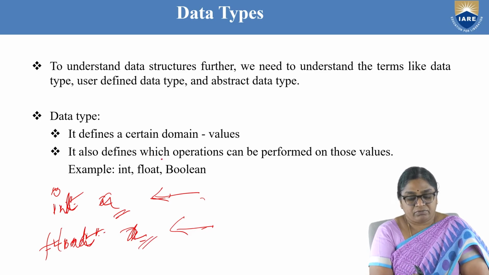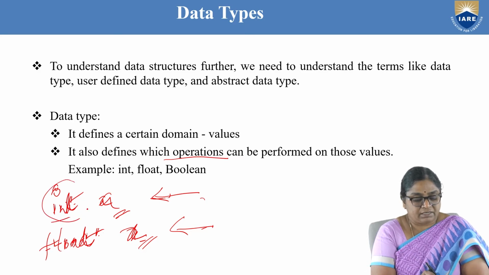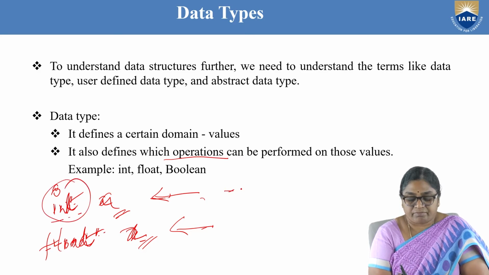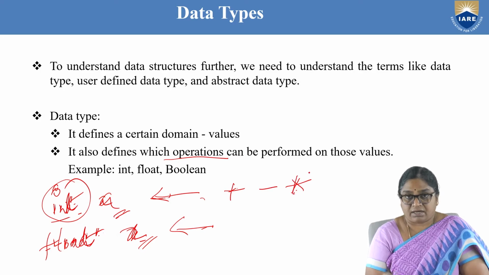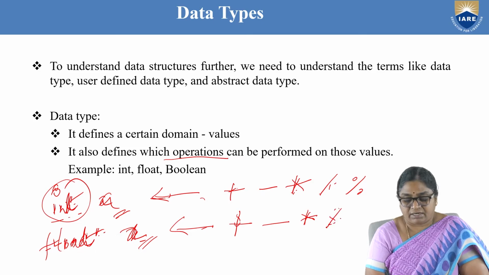And coming to the next thing, operations. Here on the data type int, I can perform plus, minus, star, that is for multiplication, division, modulo division, etc. Coming to float, I can perform plus, that is addition, subtraction, multiplication, and division.